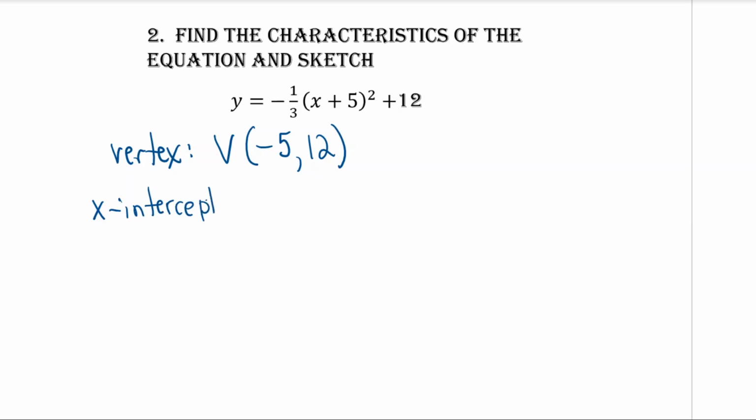So next key characteristic, intercepts. To find an x-intercept, that's where the y value equals 0. So let's let y equal 0. We got -1/3 (x plus 5) squared plus 12 equals 0.